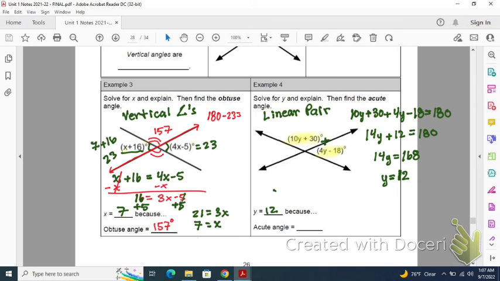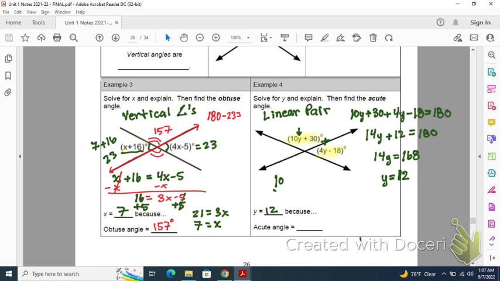So if y is 12, I am going to go ahead and plug it into this angle to see if that's going to be my obtuse angle. So only one of them is going to be obtuse. So this is kind of a hit or miss. If the first one you end up trying is not an obtuse angle, then it's obviously the other one. So one has to be obtuse, one has to be acute. So let's go ahead and plug that in.